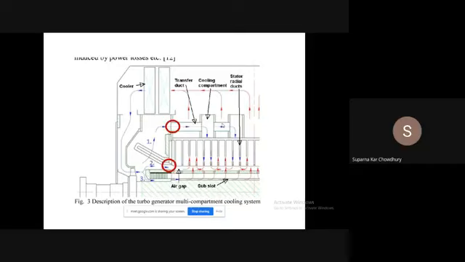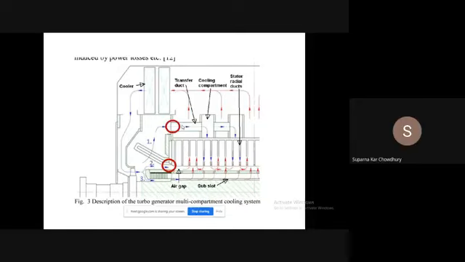Another type of cooling is used for very large machines, that is direct water cooling. In those machines, the armature conductor itself will be hollow copper tubes, and through these hollow tubes water is circulated, so the winding is cooled very properly.